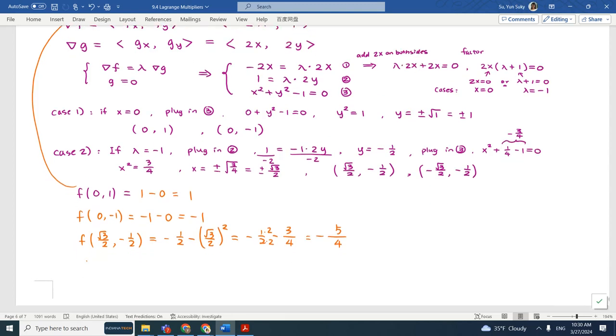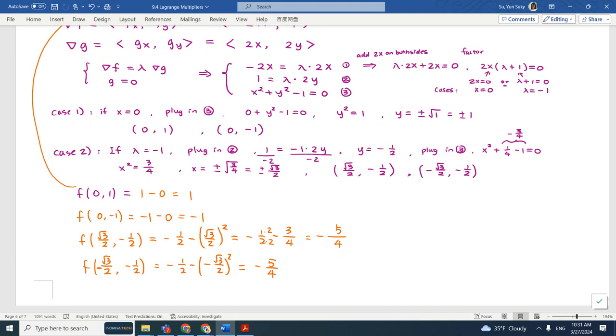So the last point, root 3 over 2, but negative, and the y is -1/2. Do you see what happened when you plug in? Yeah, exactly, same number. So we get -5/4.